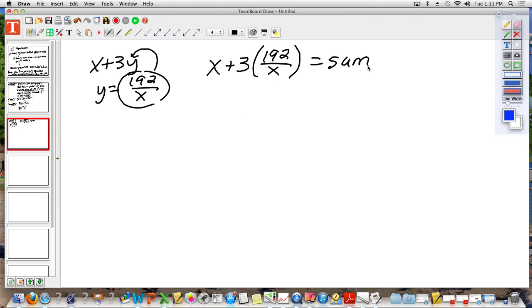I gotta clean this up now. This is x plus, what is 3 times 192? That's what I got to. 576 over x.